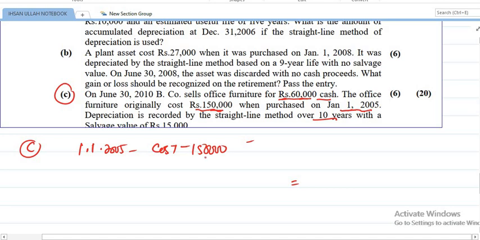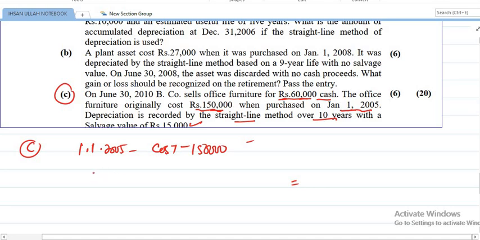So the cost was 150,000, and the depreciation is by the straight line method, over 10 years, and the salvage value, scrap value, is 15,000. Okay, we'll just continue the question answer.